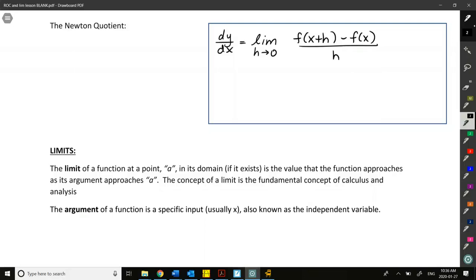Okay, so basically all of calculus can be proved with the Newton quotient, or it's the foundation of calculus. The aim of calculus is kind of to not have to use the Newton quotient, although it helps us prove some of the rules, but we're actually going to learn rules that allow us to not have to do the Newton quotient every single time.